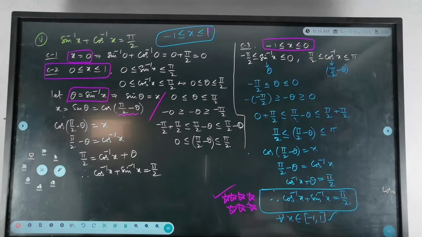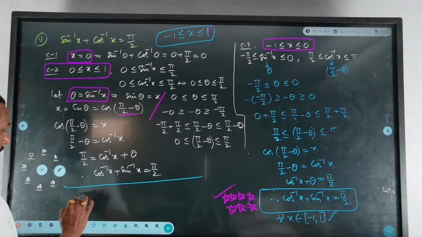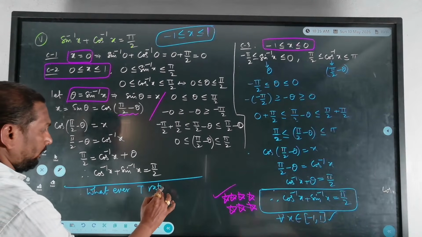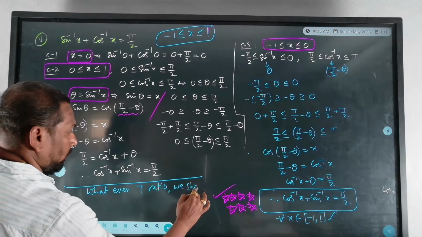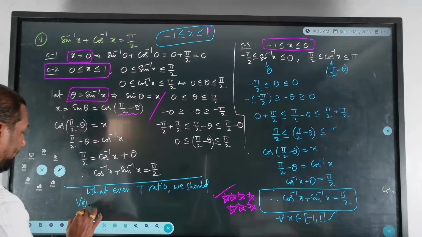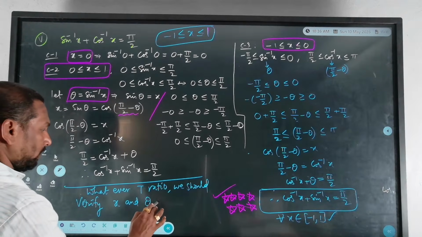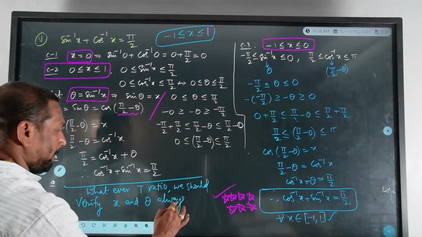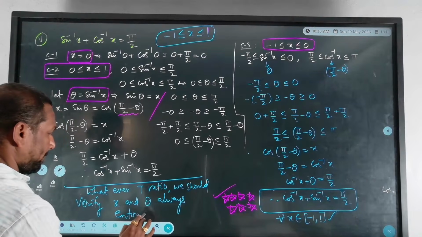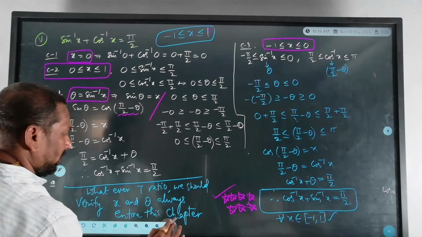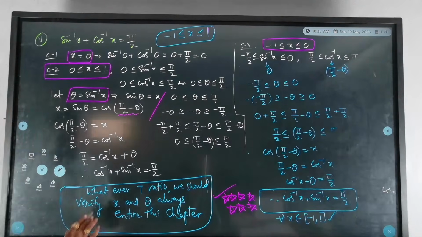Throughout this chapter, we always have to verify x and theta, whatever the trigonometric ratio. That is a very important point in this chapter.